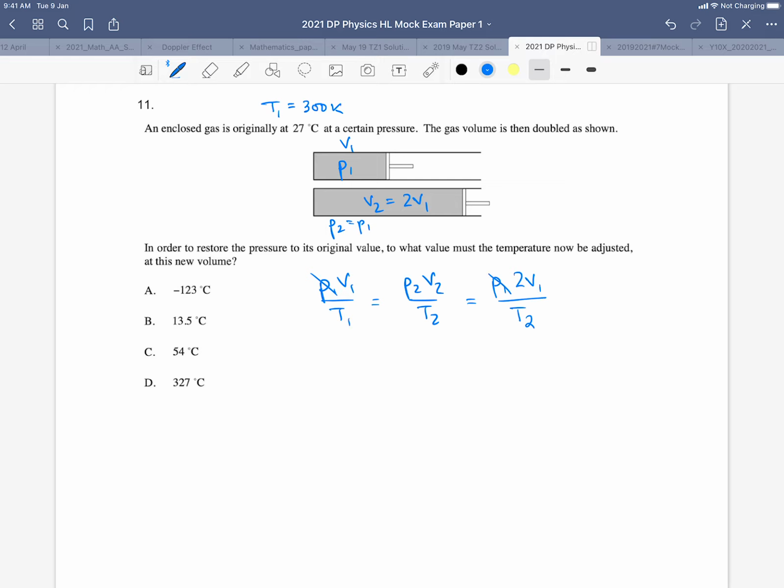So P1 cancels out, V1 cancels out, and basically the second temperature is going to be 2 times T1. And T1 was 300 Kelvin, so that's 600 Kelvin. Well, we have to convert it back to degrees Celsius. That gives us D.